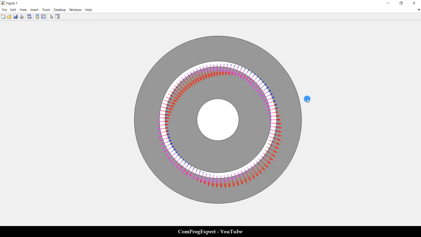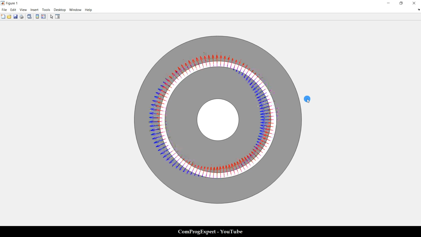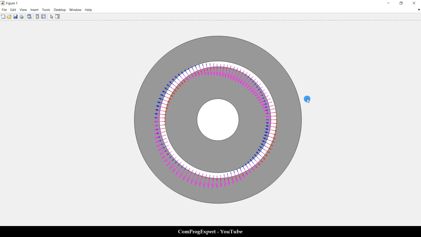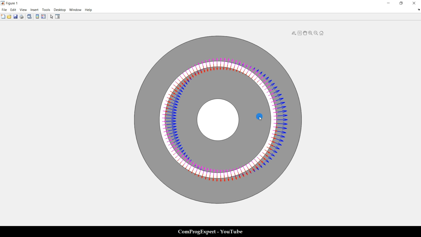But these 3 pulsating fields generate a rotating field when we consider the net value. Yes. So here we visualized the fields generated by these 3 phases.